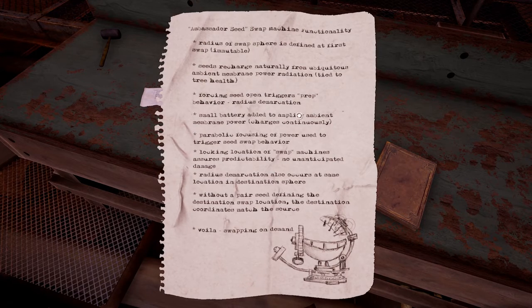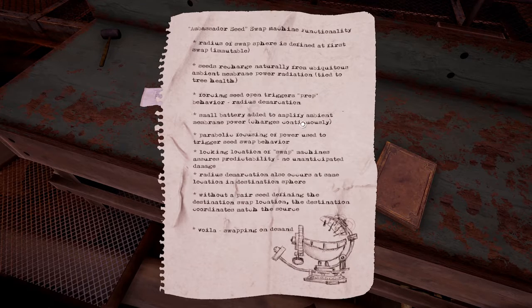Ambassador seed. Swap machine functionality. Radius of swap sphere is defined at first swap. Immutable. Seeds recharge naturally from ubiquitous ambient membrane power radiation tied to tree health. Forcing seed open triggers prep behavior radius demarcation.